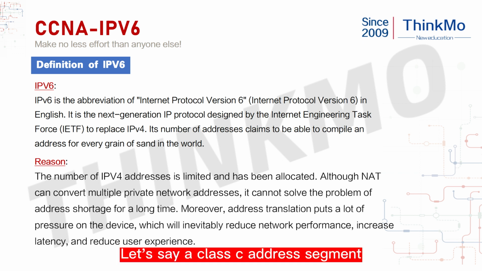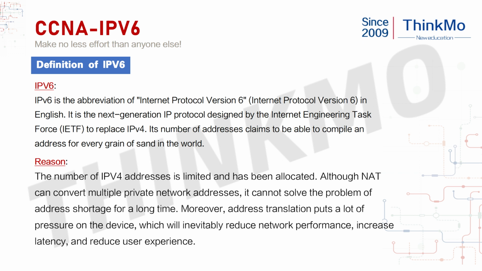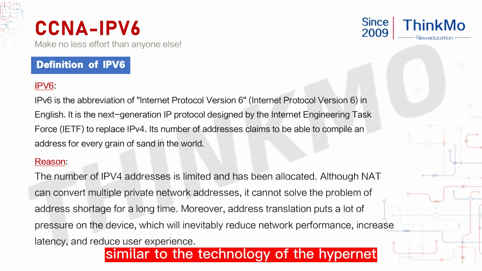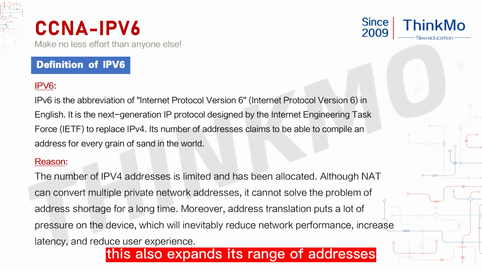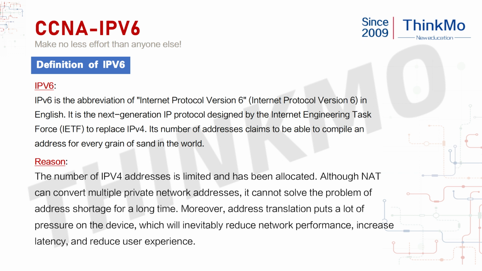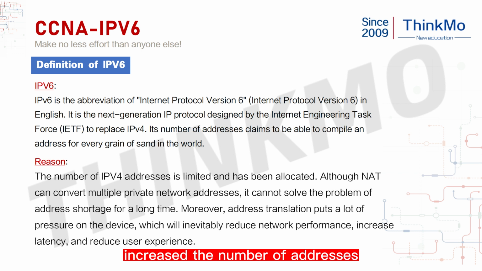Let's say a Class C address segment, 192.168.1.0 with a 24-bit mask. If we use CIDR, similar to the technology of the supernet, I can make it Class B or Class A. The IPv4 address space also expands its range of addresses and increases the number of addresses.